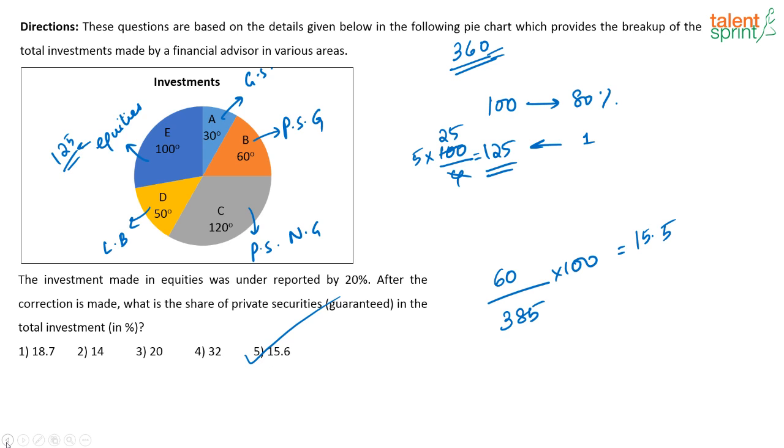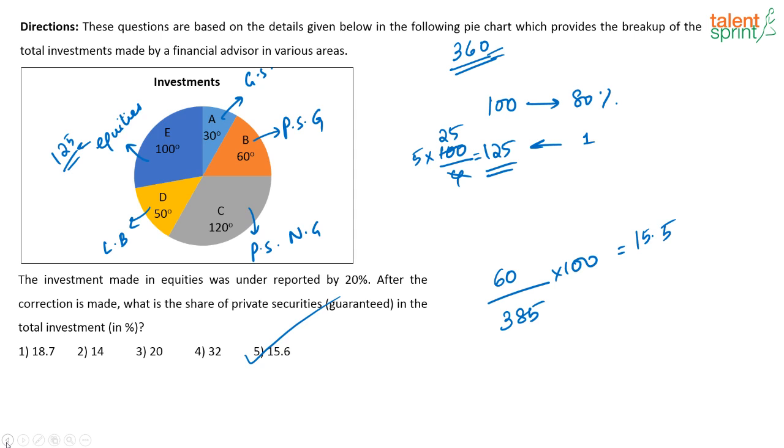It was only accounting to 80% of the investment done in equities. So what was the actual amount that was invested in equities? That was 125. That means that the total amount is not 360. It is 360 plus that extra 25. So the total amount that was invested was 385.